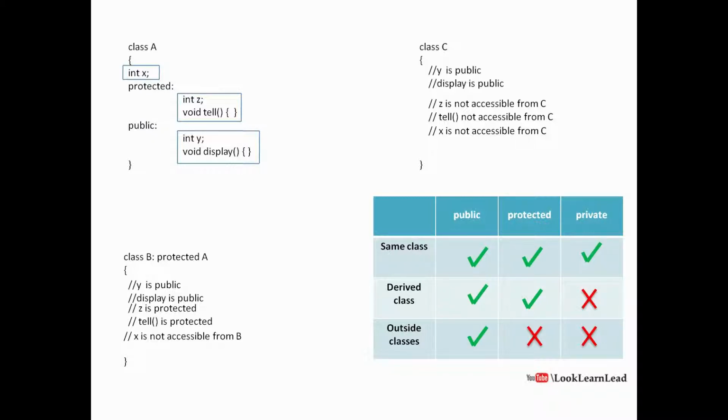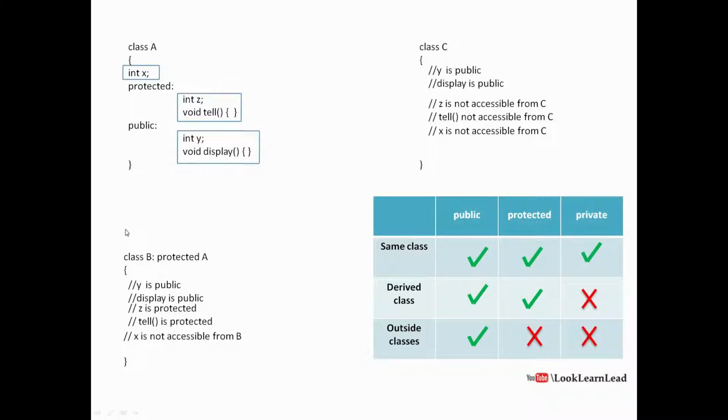In case of inheritance, suppose here B is inheriting A. The derived class can access all the non-private members of the base class. The derived class B can access all the non-private members. What are the non-private members? X is a private member, so to exclude x, it can access protected and public members.